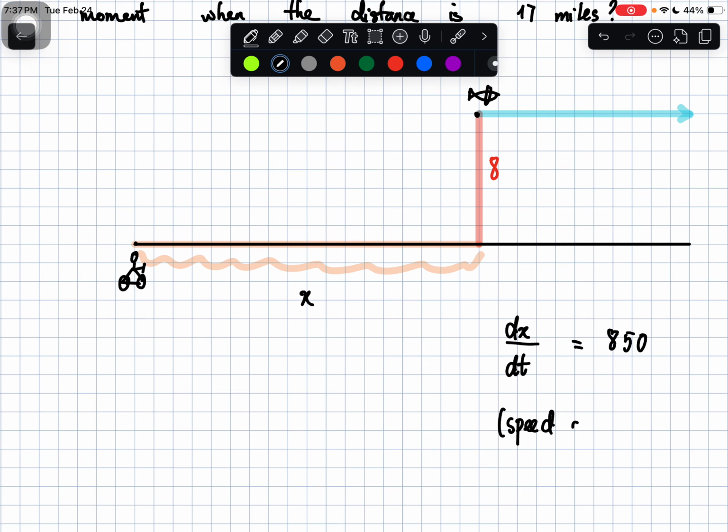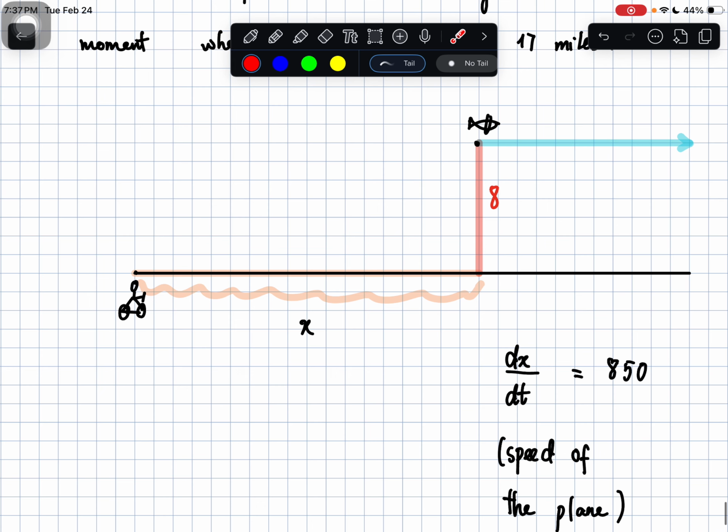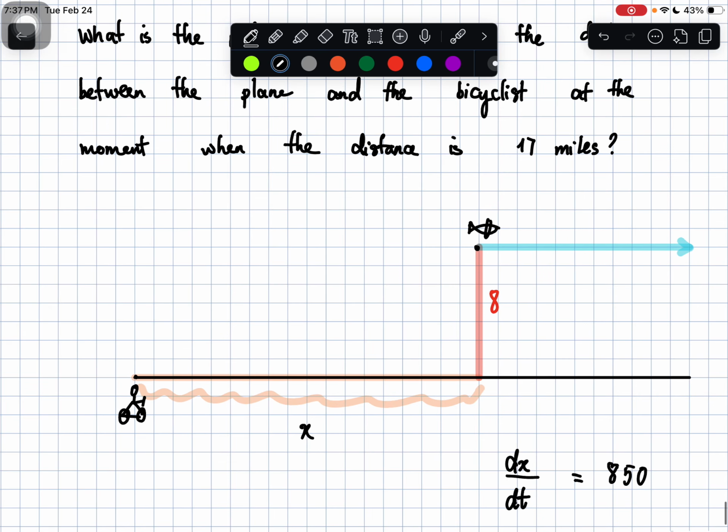It's the speed of the plane, and this is positive in this case. That's why I don't need the absolute value. It goes in this direction.